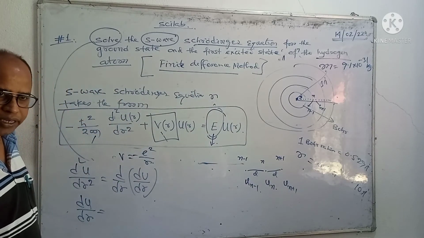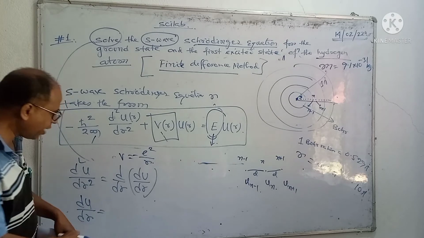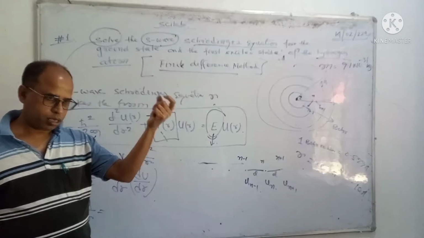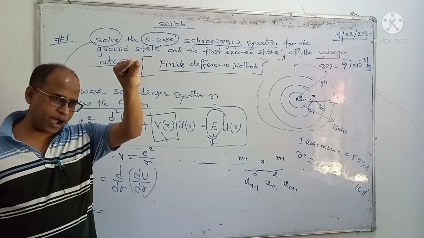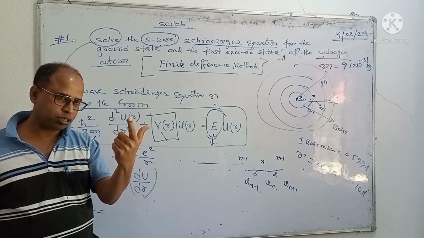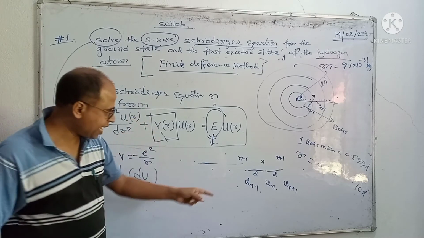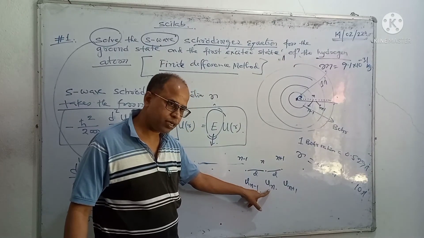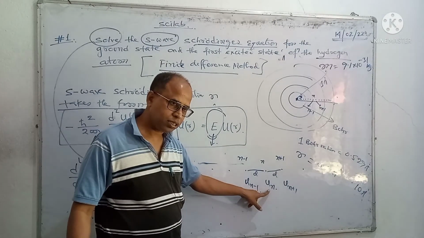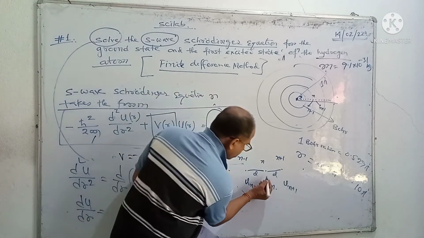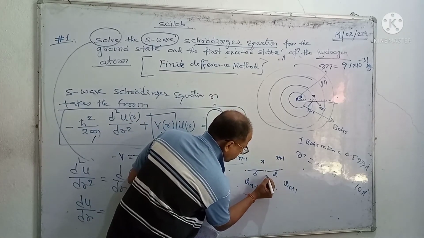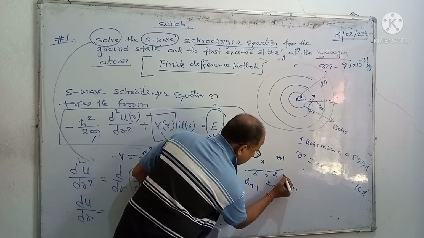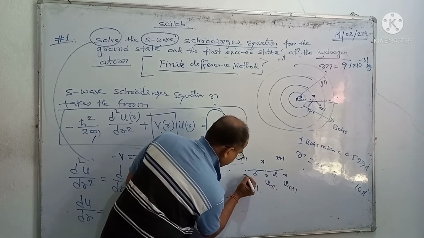You can write dy by dx as y2 minus y1 by h. Here un plus 1 minus un by, this is your 0, suppose n 0. Therefore, this is your plus d, this is your minus d.